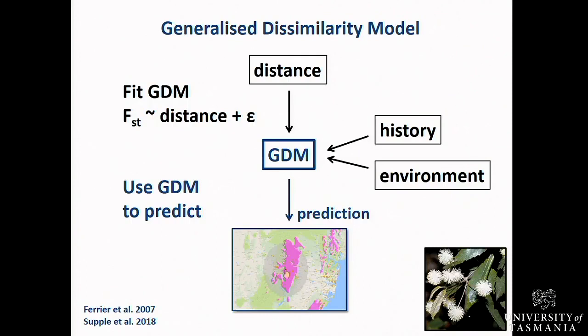We should expect that in some cases we will see strong discontinuities in genetic variation on the landscape at locations that don't really bear any sort of relation to a measurable property of the landscape, that lineages have separated, say under historical climatic conditions, and just come back together where they come back together.